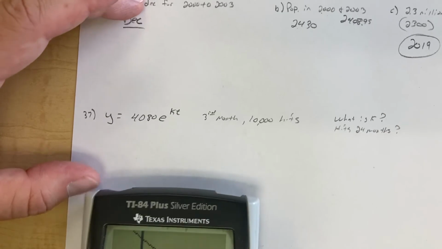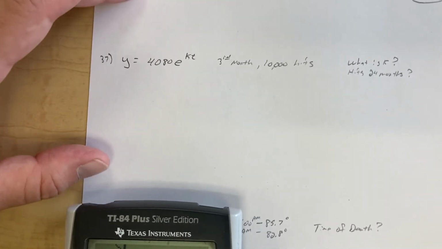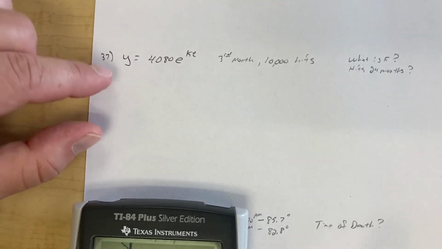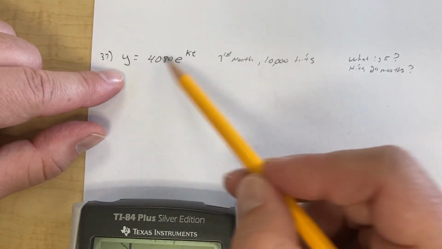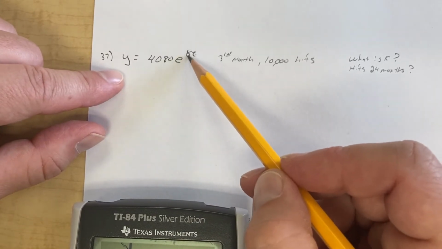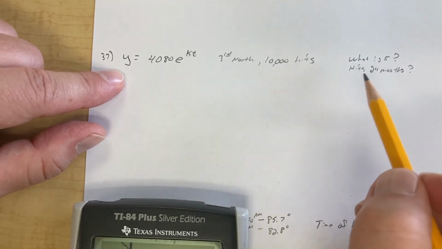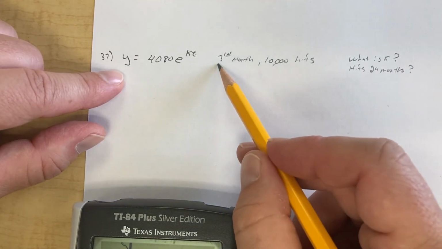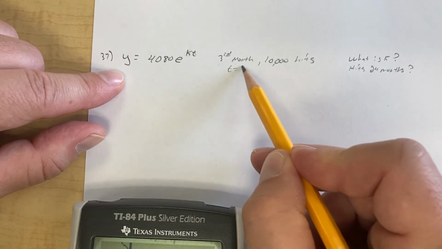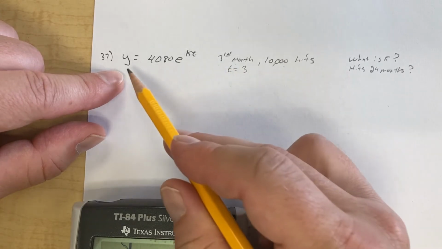All right. Now we get to 37, which gives us a different equation for some different variables. We have y, we have t, and then we have this mystery k value that we're asked to find first and then use it to answer a different question. So in the third month, when t equals 3, they said 10,000 hits, that's our y value.